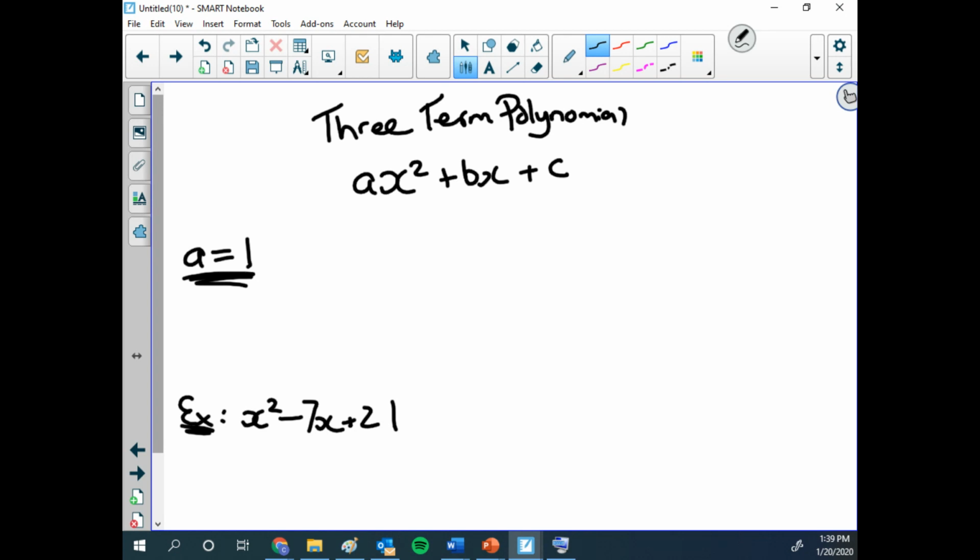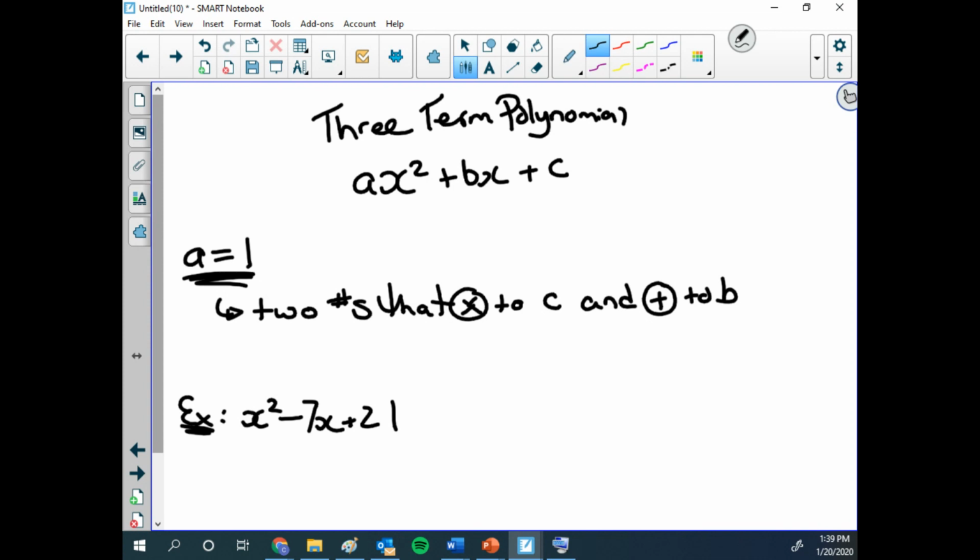So x squared minus 7x minus 21. So if a is equal to 1, now this is a quick factoring by case is kind of what I'm showing here. But what I show at the very end, you can use that strategy for any question. So if a is equal to 1, we're looking for 2 numbers that multiply to c and add to b.